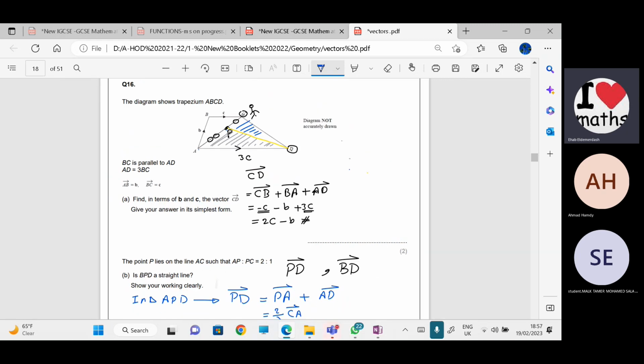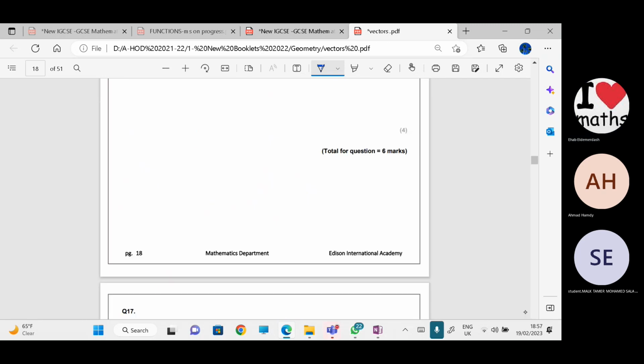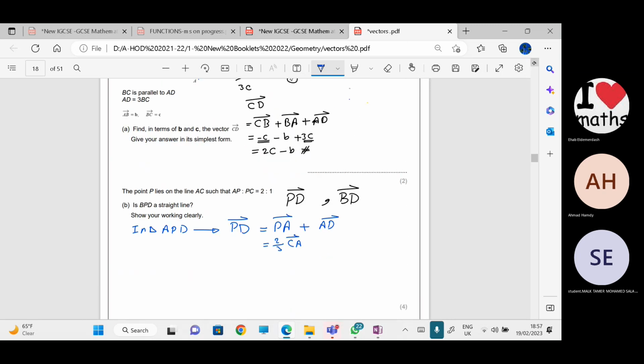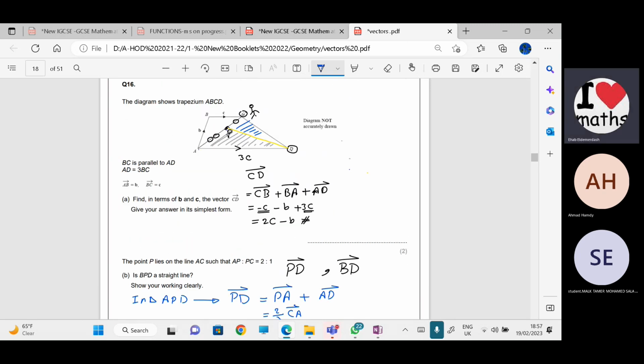I need to go from the point P to the point A. If I need to go from the point P to the point A, they are 2 parts out of 3 parts of the CA. This is my first conclusion.